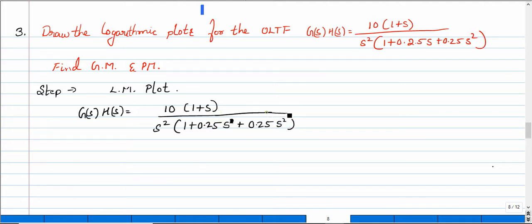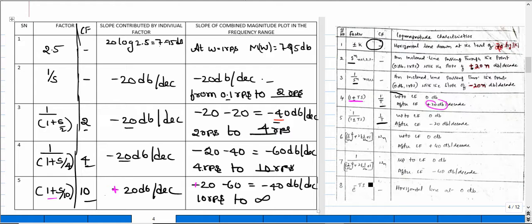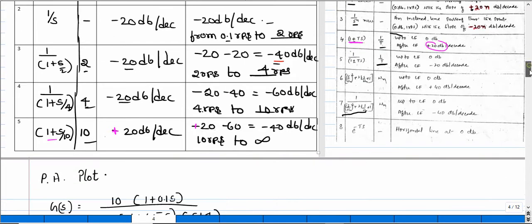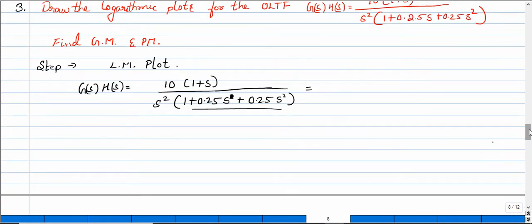See here, all factors are in standard form except this second order factor. If I show you the table, the standard form of the second order factor is (s by omega n) whole square plus 2 zeta s by omega n plus 1. So we need to rewrite it in that form.